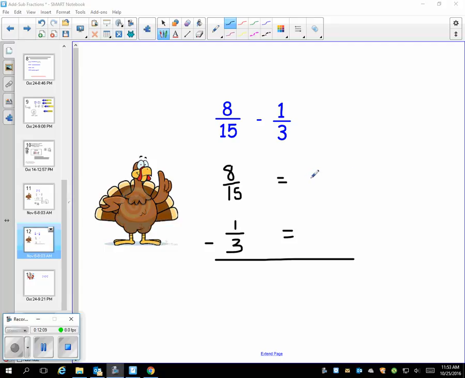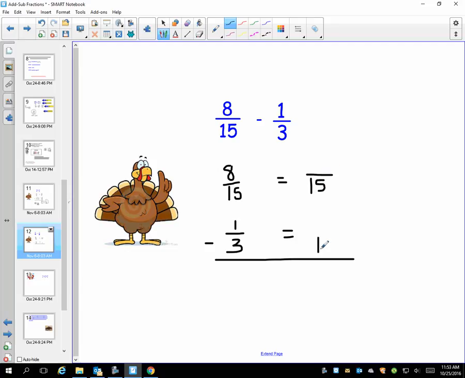Okay, I've rewritten my problem vertically. My least common denominator is going to be 15 because that's my least common multiple. I can leave 8/15 as 8/15. I know that 3 times 5 is 15, so 1 times 5 is 5. Now I can subtract. I just solved. Step 4 is to rename.